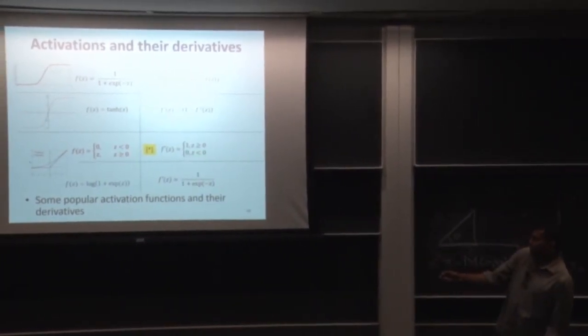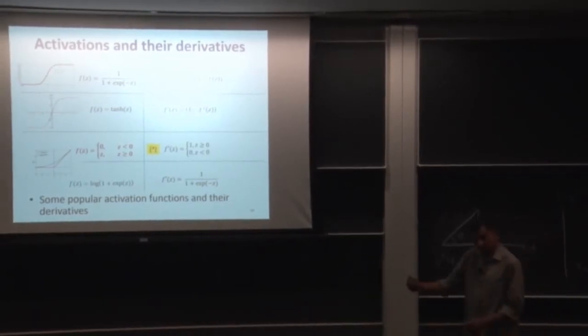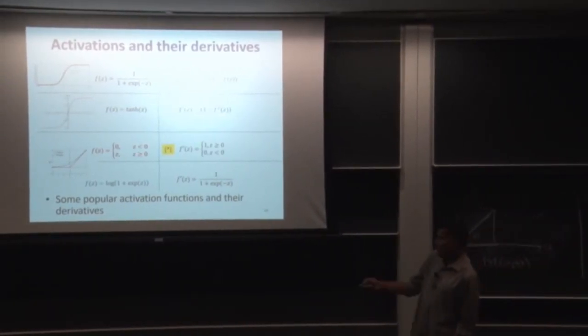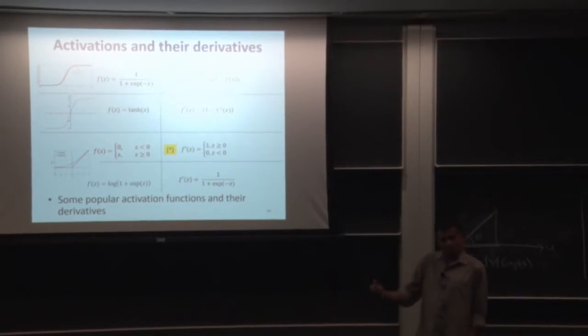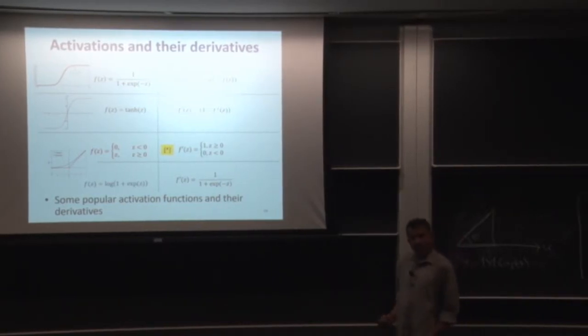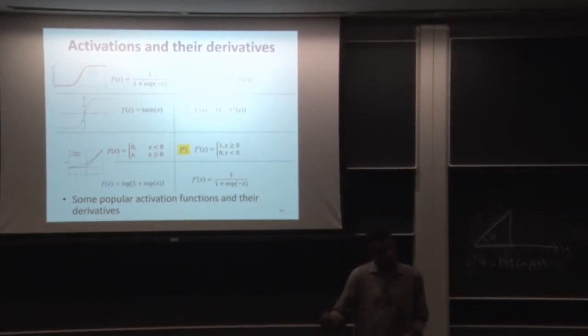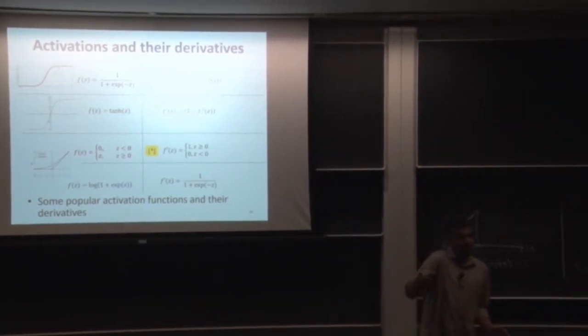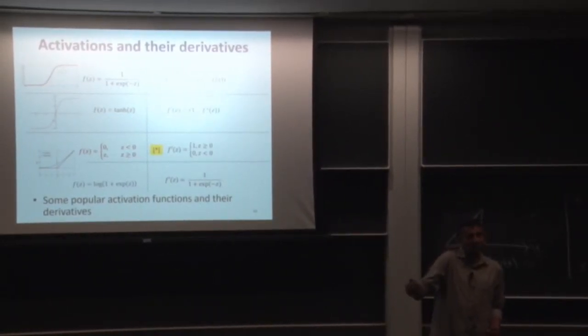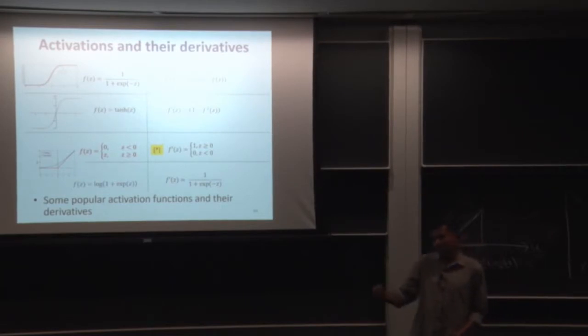Here's another one, which looks a whole lot like a sigmoid, but it's kind of shifted down. Now, the nice thing about this is that it doesn't go from 0 to 1. It goes from minus 1 to 1. And that too is a variant on the basic sigmoid, which gives you a certain degree of flexibility. For instance, if you're trying to perform a classification and your class labels are not 0 and 1, but minus 1 and 1, then the tanh is probably more appropriate.